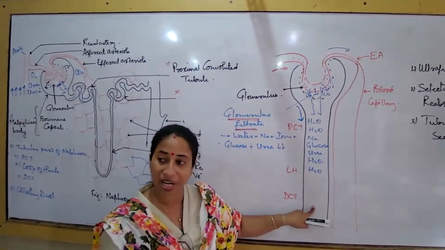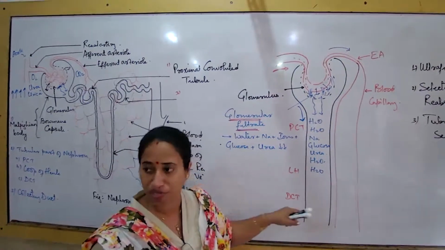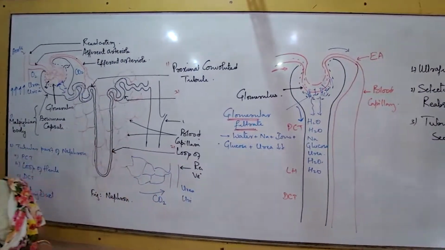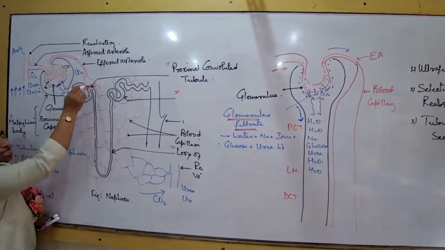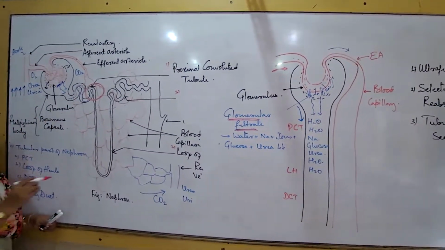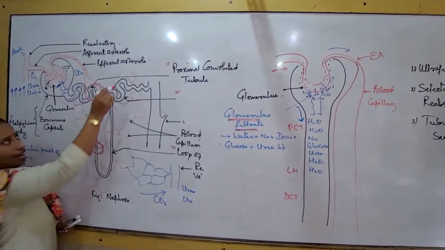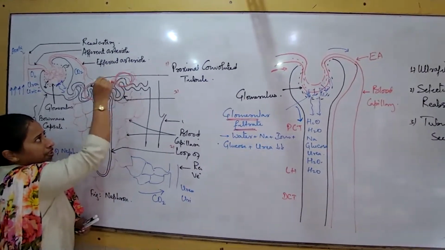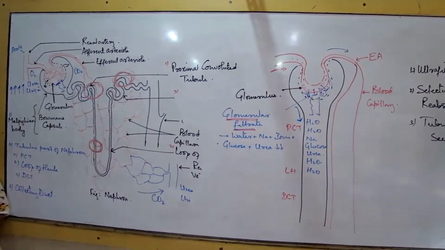As it runs down, a whole lot of exchange of substances takes place. Roughly I want you to understand what happens between the PCT and the blood capillary, the loop of Henle and the blood capillary, and the DCT and the blood capillary.